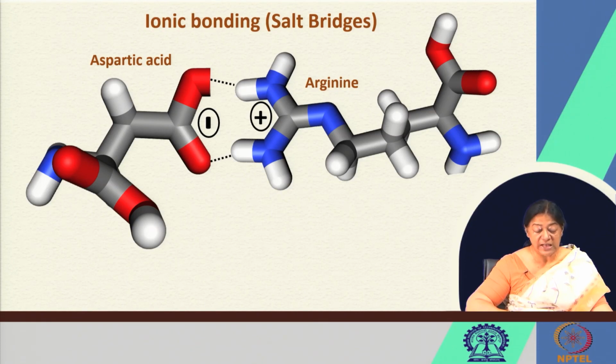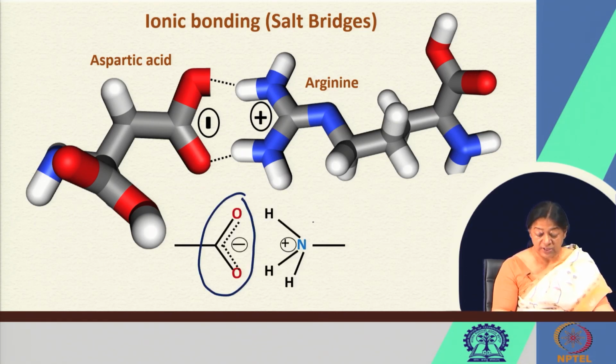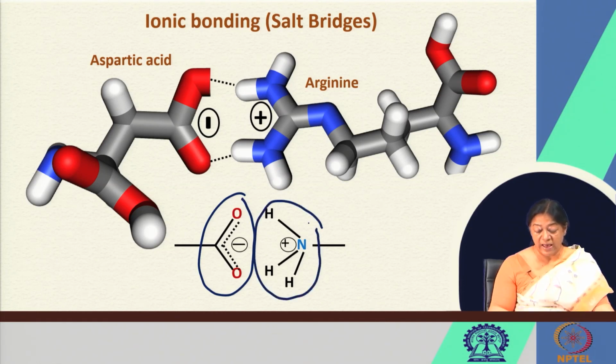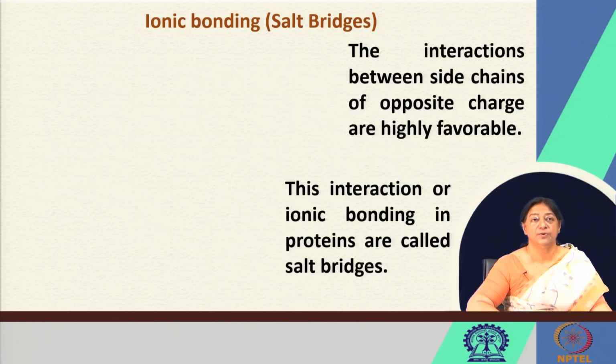When we look at an aspartic acid residue, or for that matter any such residue, the example of aspartic acid and arginine is given at the top here. We can also have an NH3 plus and a COO minus. Again we have the possibility of ionic bond formation, because we have opposite charges that are going to interact with each other.